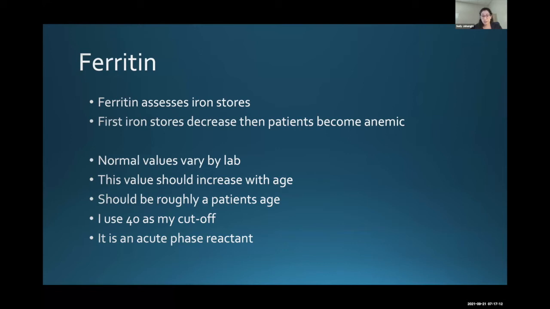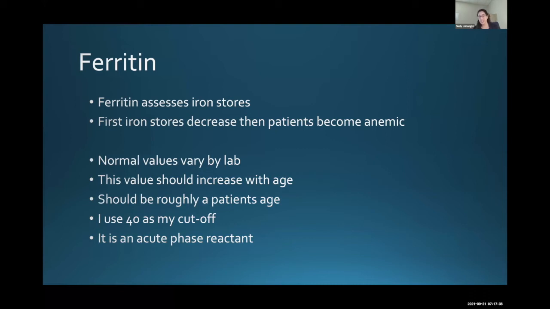It is important to remember that ferritin is an acute phase reactant, and as such will go up in the setting of any type of inflammation and significant stressor. So if it's below 40 and you have an inflammatory process going on, it's probably actually much lower than that, the patient's degree of iron deficiency. And if it's elevated in the setting of inflammation, your patient can still be iron deficient.